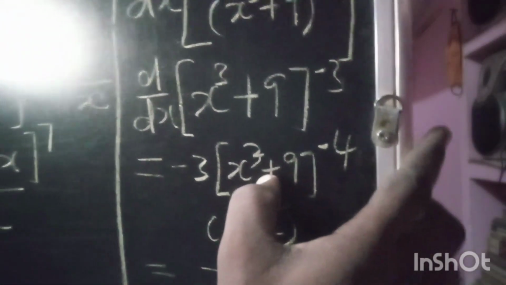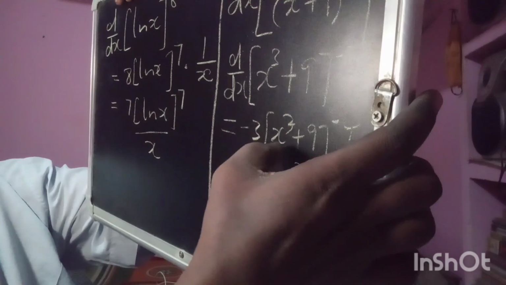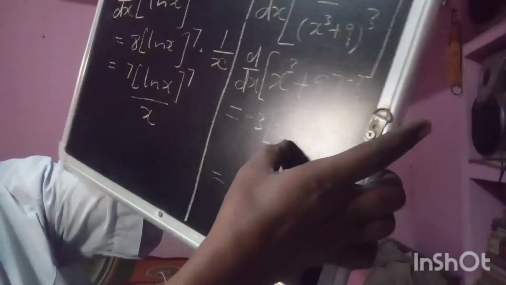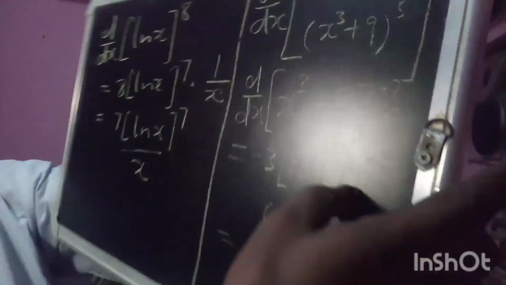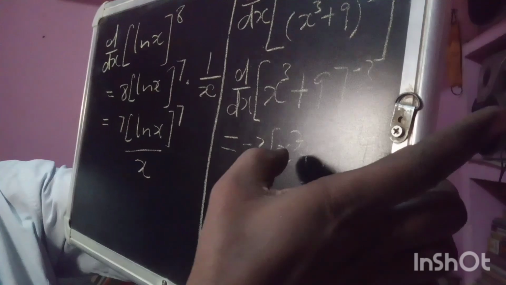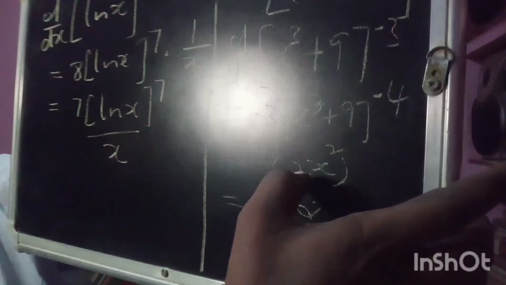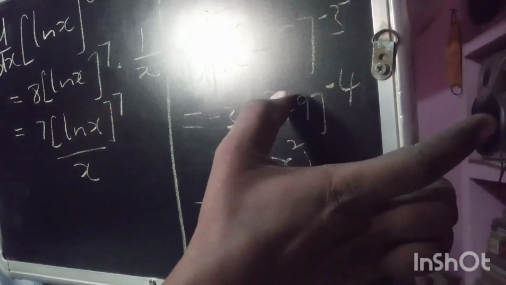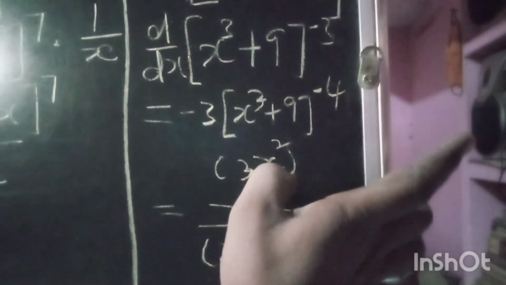Now we differentiate the inside: 9 will disappear because 9 is a constant, and when you differentiate x cubed, 3 comes in front, then x, you subtract 1, it will be 3x squared.